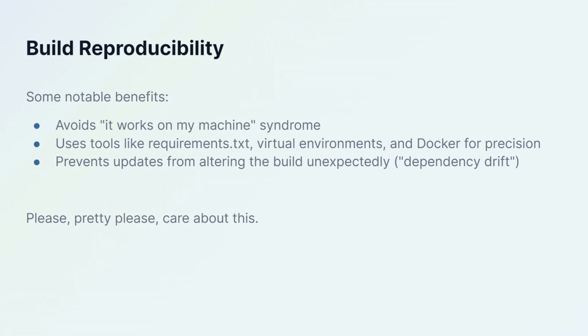Basically, build reproducibility means that anybody should be able to download your project and through simple instructions, be able to make it run as expected or as intended, which avoids the whole "it works on my machine" syndrome. And what has really become tremendously helpful for this are virtual environments, and especially Docker. Docker is fantastic.